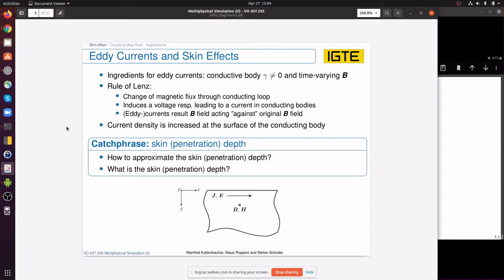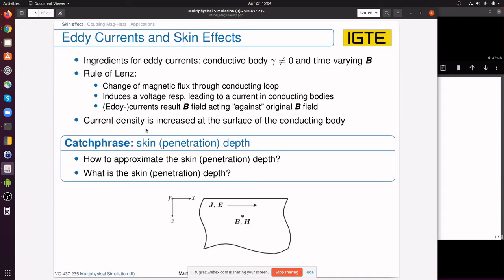So I won't do this since you're already aware of that. And the critical part in induction heating is the skin depth and the skin penetration depth. So that's the topic we'll be dealing with in the first half, let's say, of this lecture.